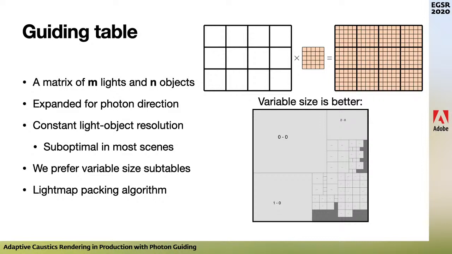This is much better, but still is not optimal, because some light-object pairs are going to be more important than others. So fixed size doesn't work for us. We prefer a table where the subtables are of variable size, like in this drawing on the bottom.